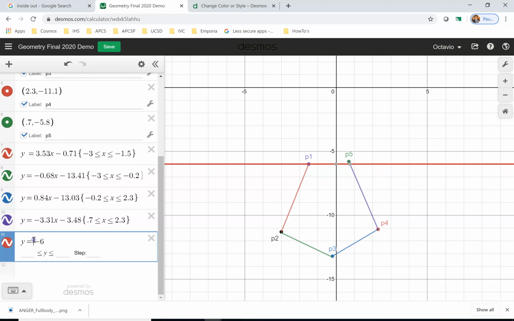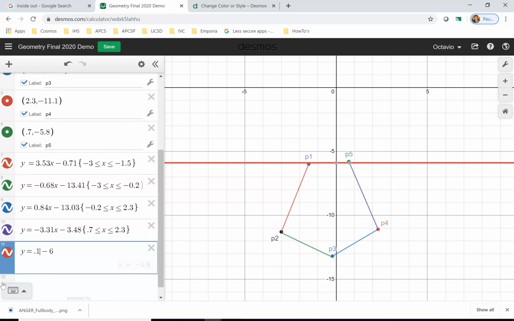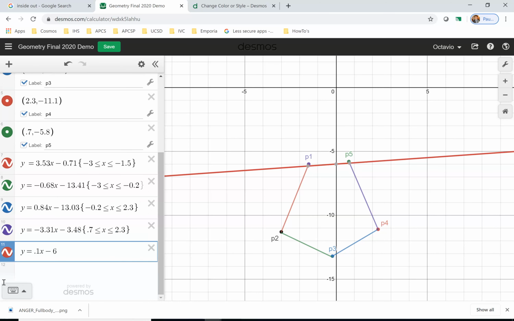And so if I want to increase the slope, leave this point here, I just want to make this line go up a little bit, I can start guessing a slope here like maybe 0.1x. Okay, maybe that's a little bit close to the mark there, but it looks to me like I need to make this a little bigger, 5.8.